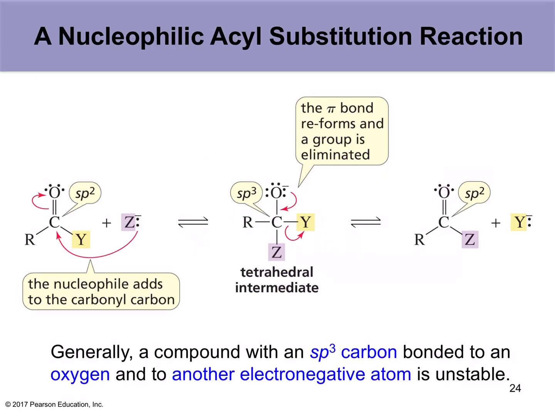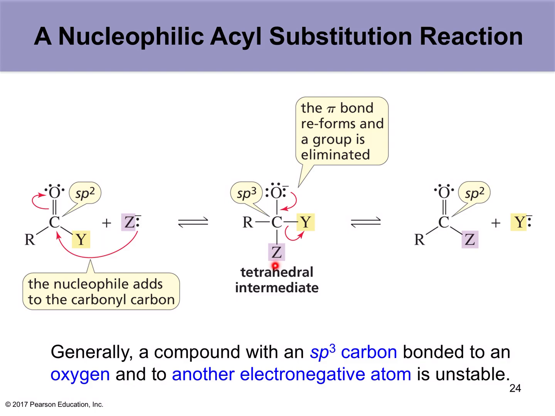In a nucleophilic acyl substitution reaction, this is the carbonyl group and you have another group Y attached to the carbonyl group. This is sp2. The nucleophile adds to the carbonyl carbon, the carbon-oxygen pi bond breaks, and you make a tetrahedral intermediate. The sp2 carbon now becomes an sp3 carbon.